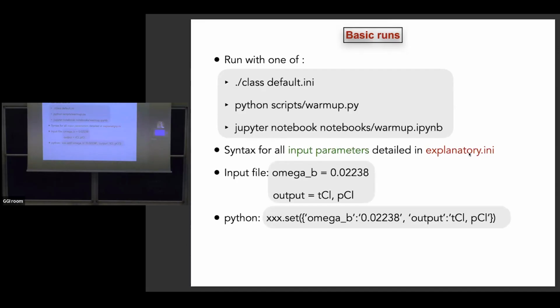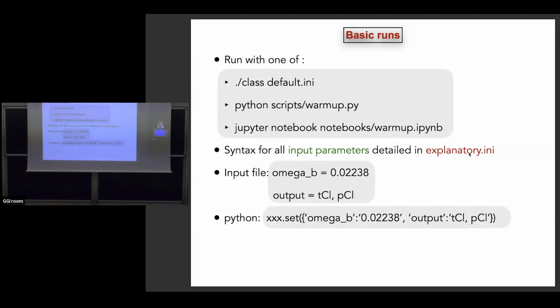So as I said, the exhaustive list of all input parameters is in explanatory.ini. Also, for us, we consider that a parameter is official when it's there. It's really the place where we define all the parameters. And so for each parameter, you have a name. If you use the C code from a terminal, you pass an input file where every line is name = number or string.